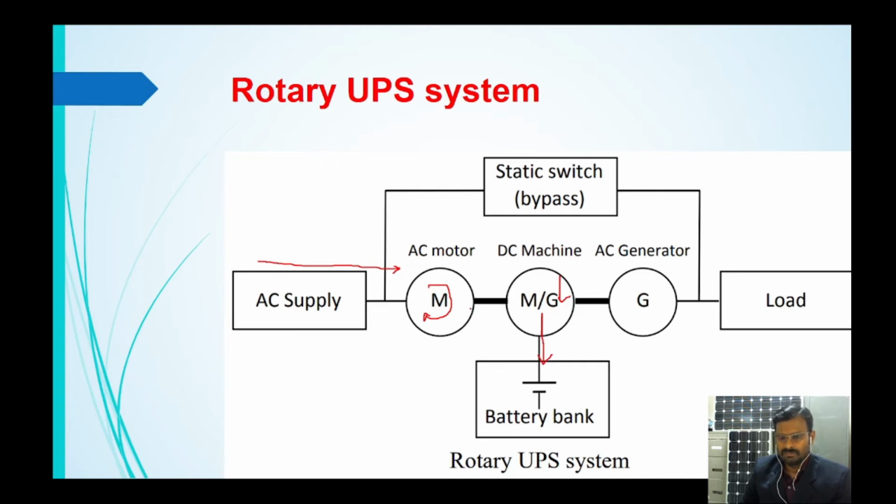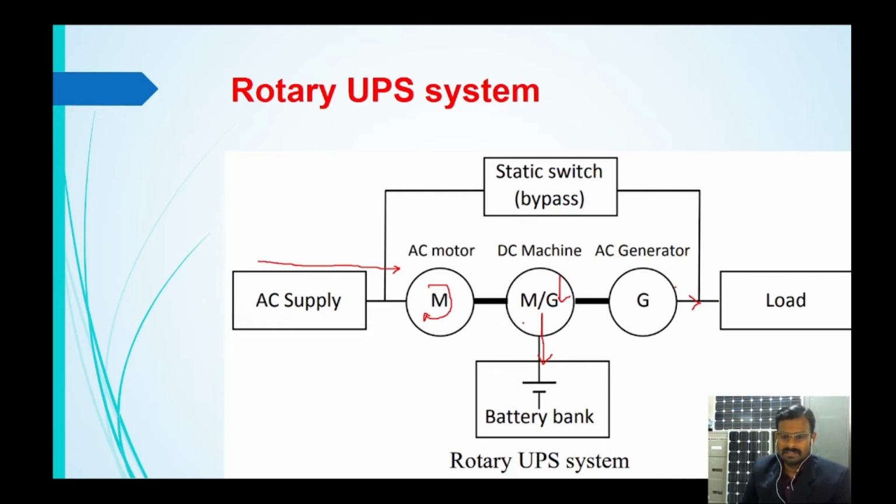And also the same coupling, you have a generator here, AC generator, which is going to run and going to provide the required power to the load. So this is the normal mode of operation. So AC supply is given to the motor and it is going to run.